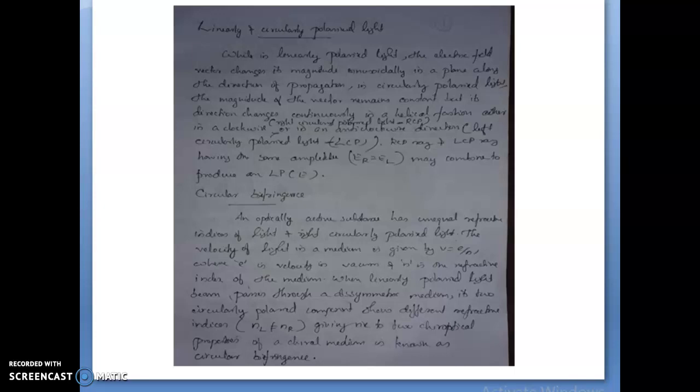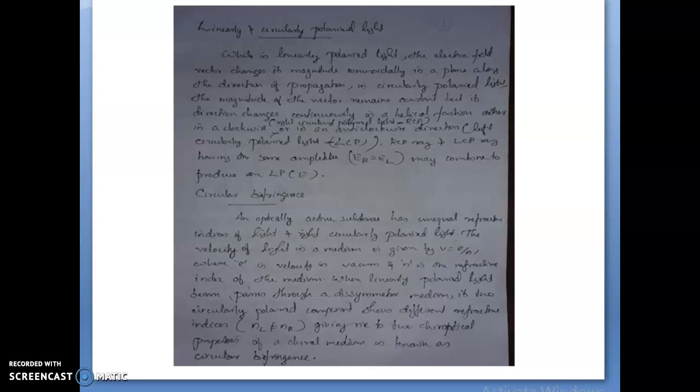We know that ordinary light is an electromagnetic radiation. So it has two components, that is electric field and magnetic field. It will propagate in all directions. When this type of ordinary light is passing through a Nicol prism, what will happen?